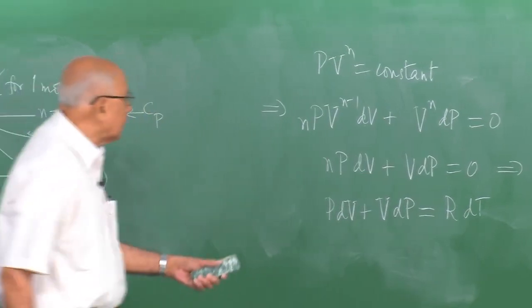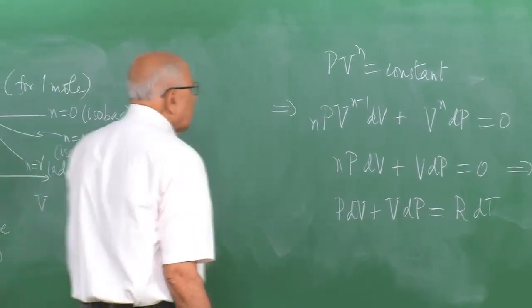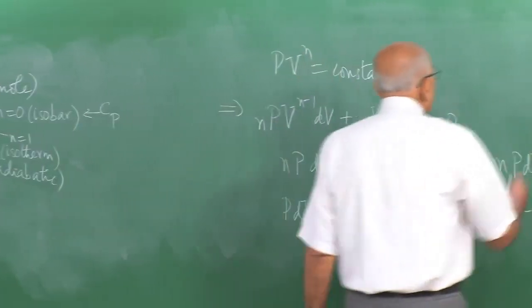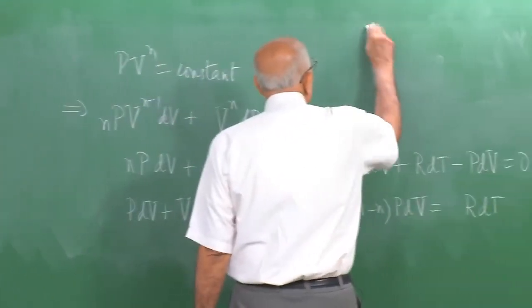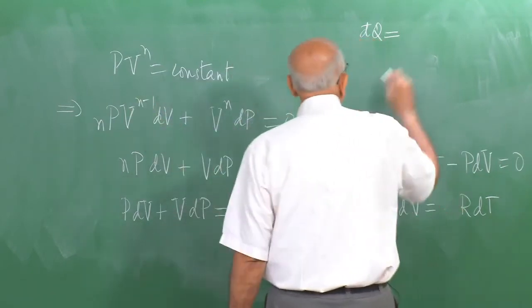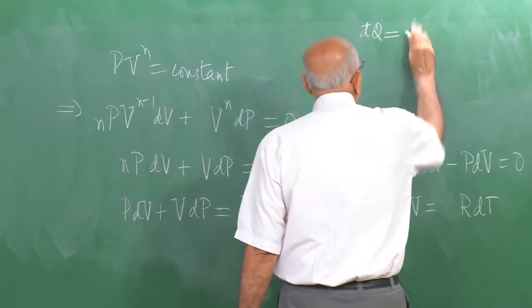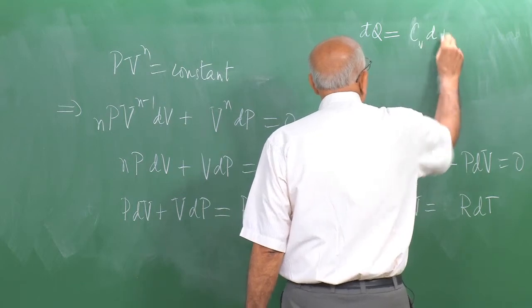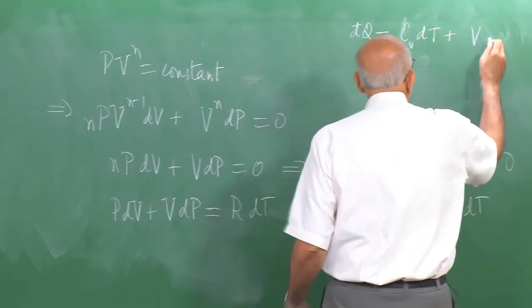That is the general relation, and now we need to know what the laws of thermodynamics tell us. The laws of thermodynamics tell us that dq is equal to, I do not even need to use the second law, this is equal to dU, which is Cv dT plus P dV.